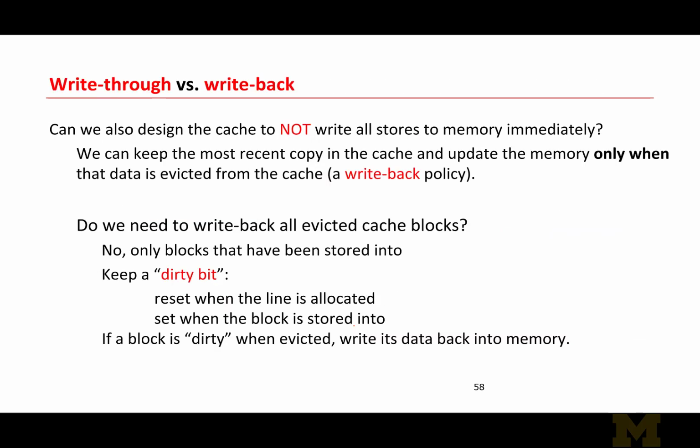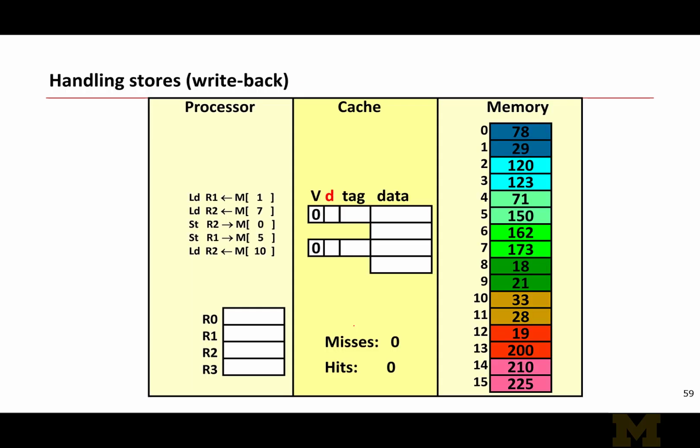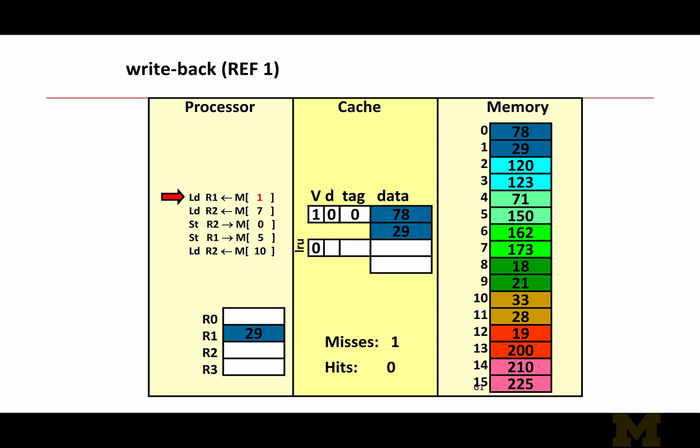Now let's take a look at how write-back caches would work for the same example. I have now added a D bit, which stands for the dirty bit, which is the one that is going to help me keep track of whether a cache line has been modified or not. Now I'm going to simulate for the same sequence of instructions. Address 1, fetch the block. Address 7, fetch the block.